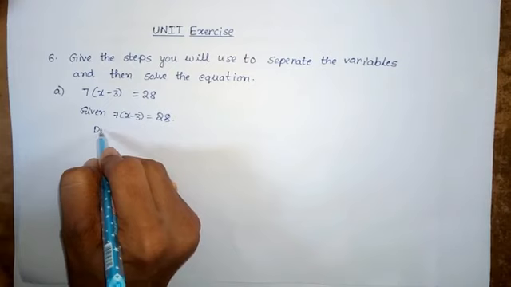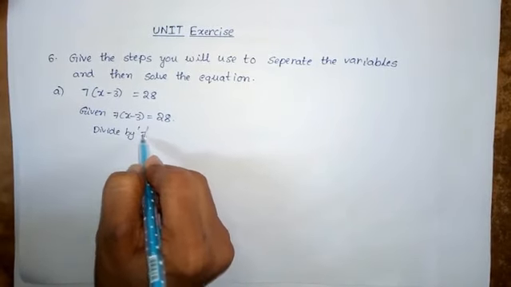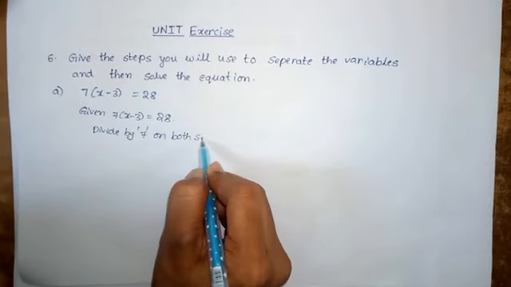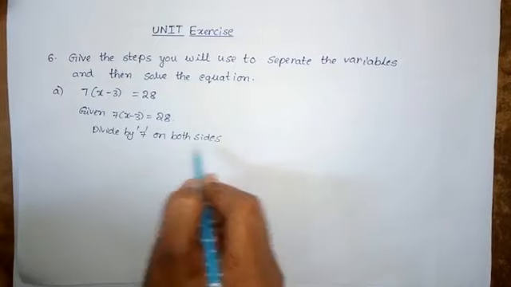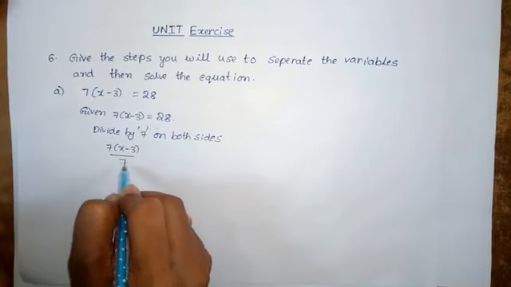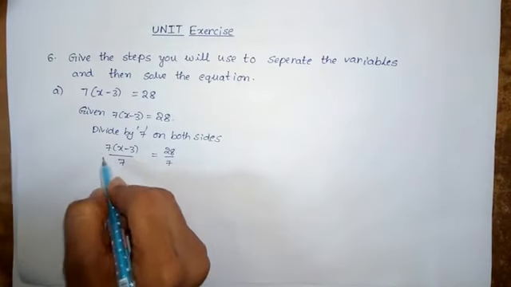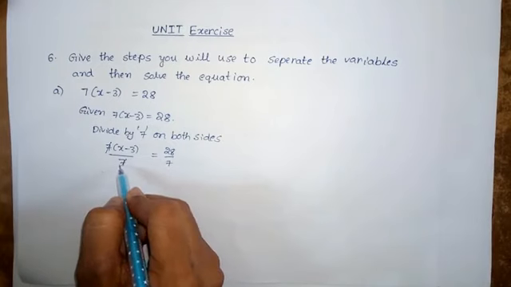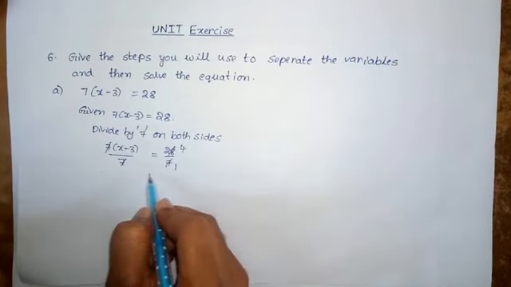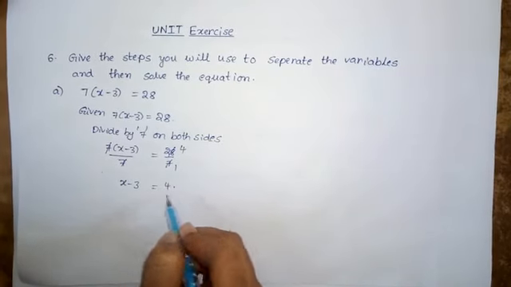So divide by 7 on both sides. 7 into x minus 3 divided by 7 it is equal to 28 by 7. And numerator 7 denominator 7 cancel. 7 1 is 7, 7 4 is 28. So x minus 3 it is equal to 4.